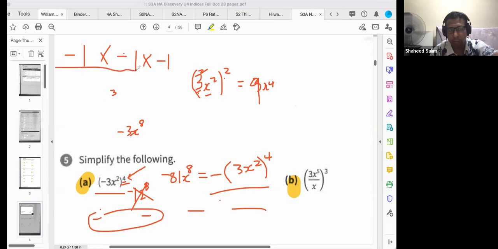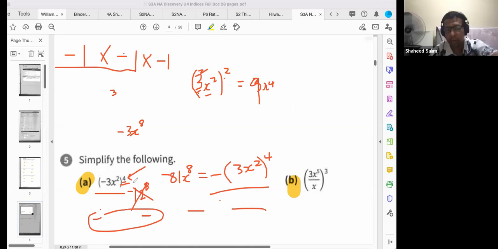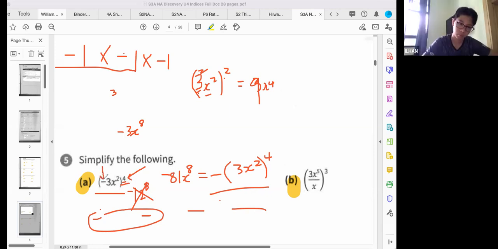Minus times minus gives you plus, then plus times minus gives you minus, if it's to the power of 3. But the moment it's to the power of 4, 6, 8, the minus will disappear, positive. So even number, plus. Odd number, minus, if the minus is inside.